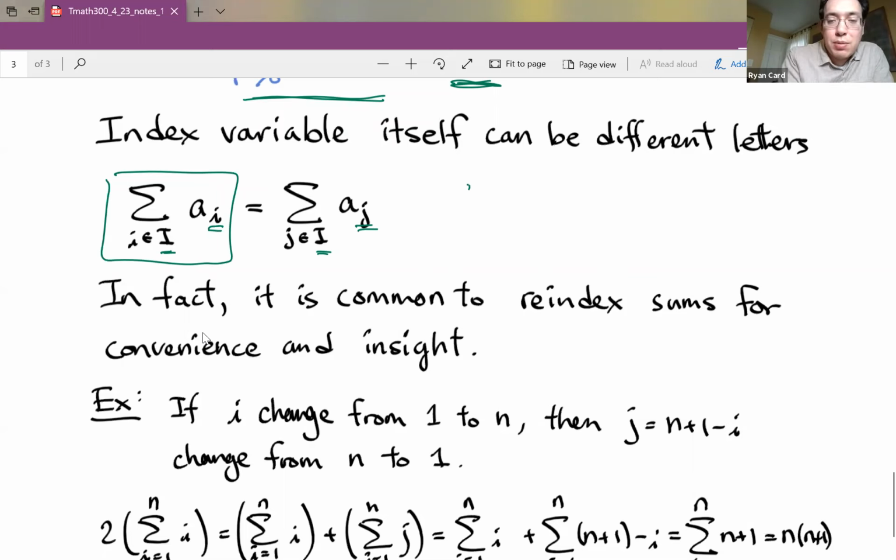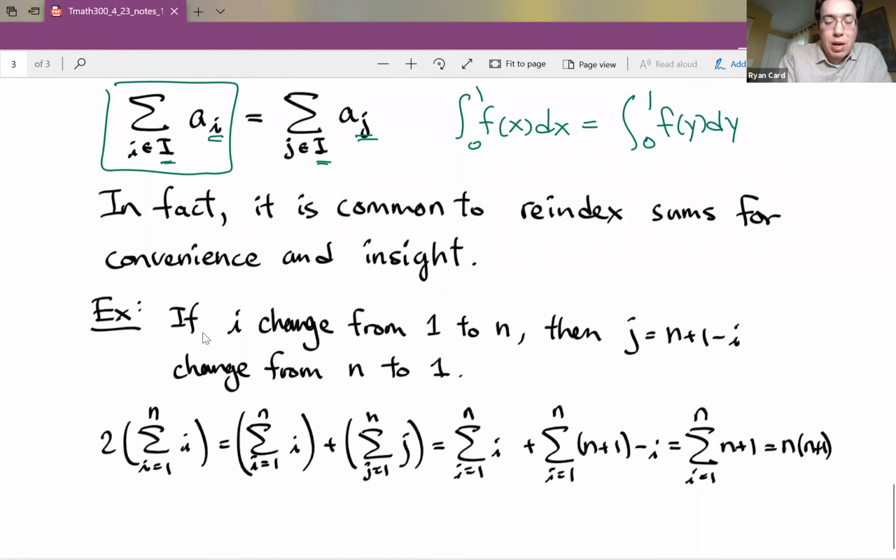If you've taken Calculus 2, this is the same idea as definite integrals. You could use any letter for the variable, sometimes called a dummy variable, and it means exactly the same thing. You're looking at the area underneath the curve. So it's a similar thing here. Sometimes it's convenient, or maybe insightful, to relabel it and work in a different way.